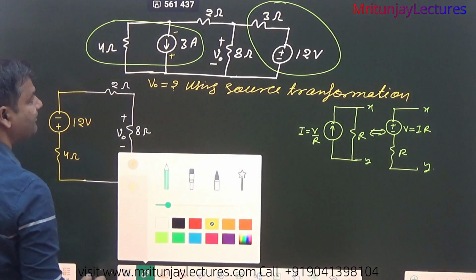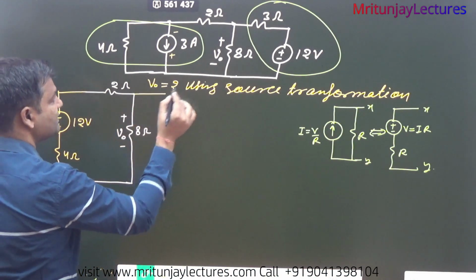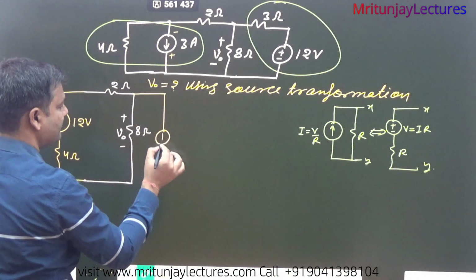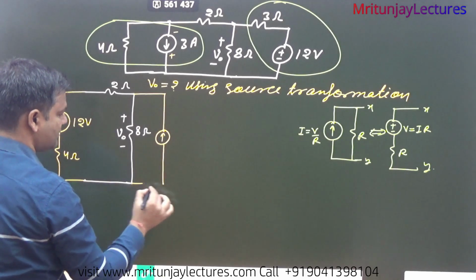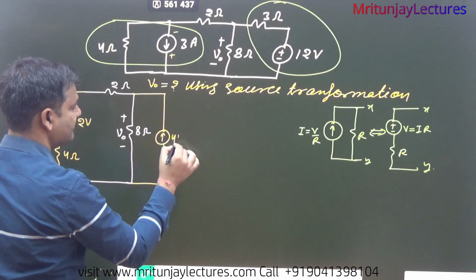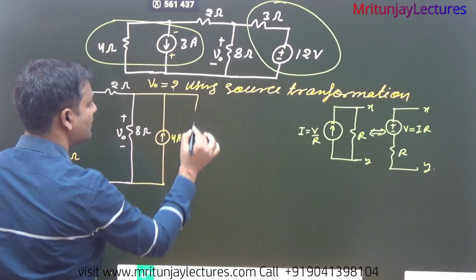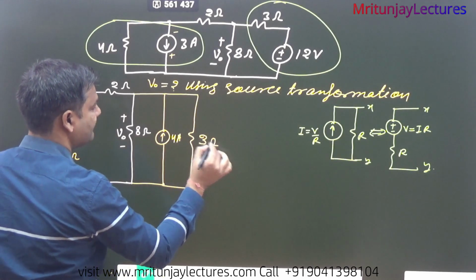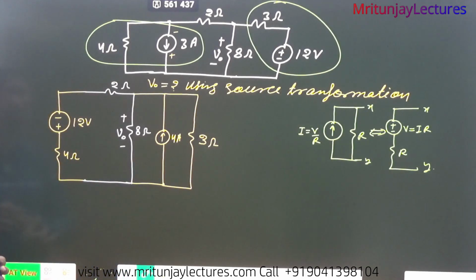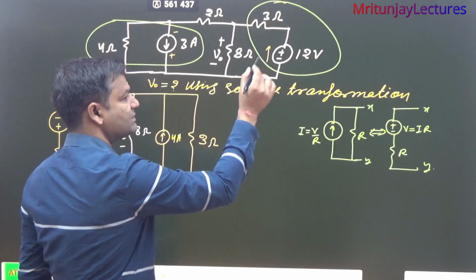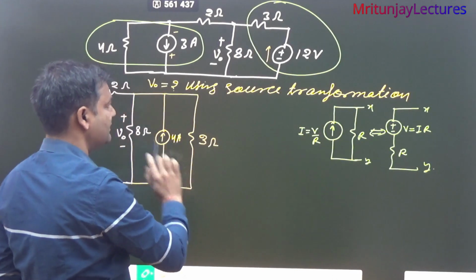After that, this one is converted to current source, that is current direction upward, 12 divided by 3, that is 4 ampere, and that is 3 ohm. Okay, clear or not? Current direction decided, polarity given plus minus, so current direction upward.